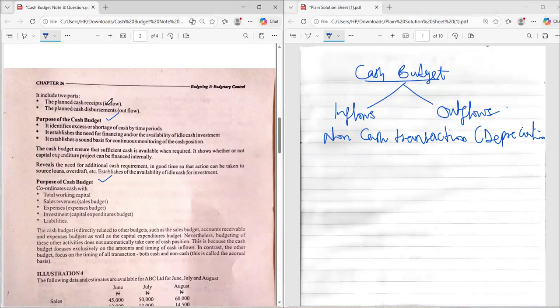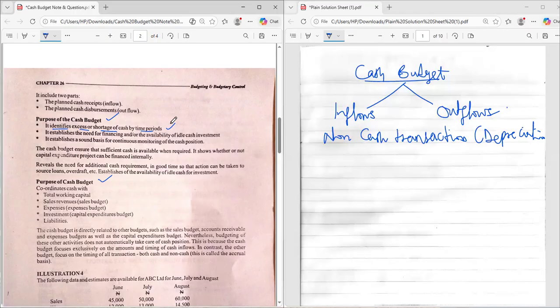One of the purposes of preparing a cash budget is that we want to use it to identify the cash balance. We want to know how much cash is left in the organization to finance activities. So it identifies the excess or shortage of cash by time period. We want to know if the company has money or whether they don't have money to carry out operations.